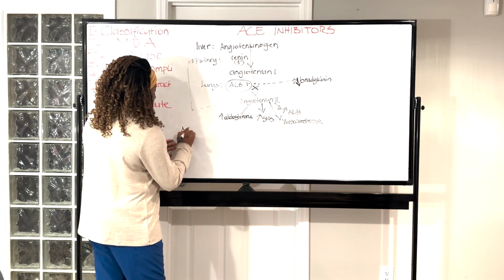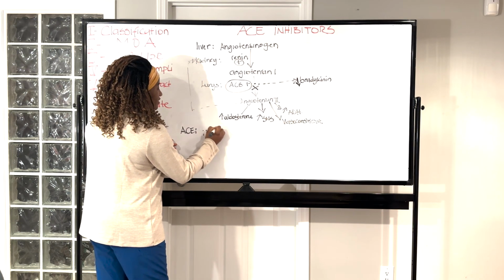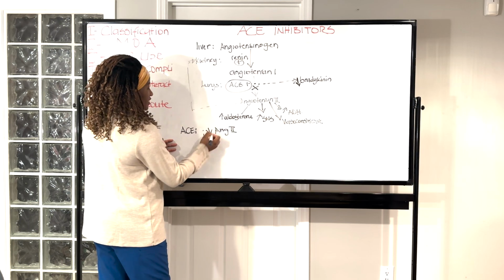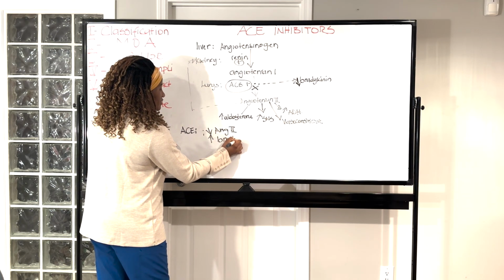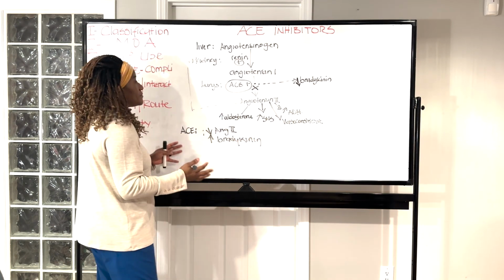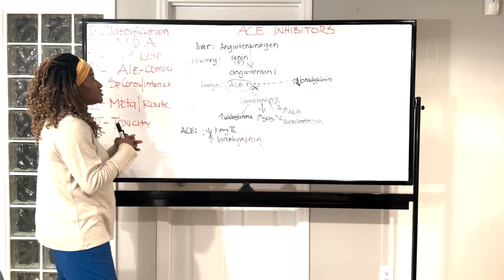So ACE inhibitor is going to decrease the level of angiotensin 2 and increase the level of bradykinin. And this is their main mechanism of action. So why do we use them?